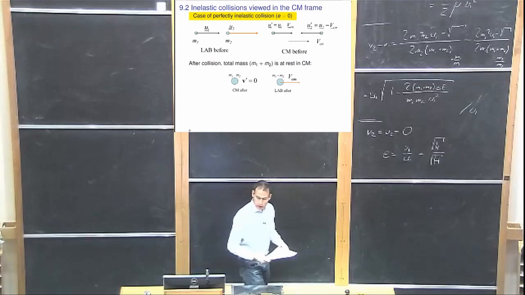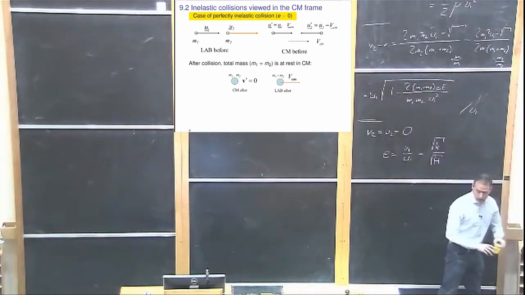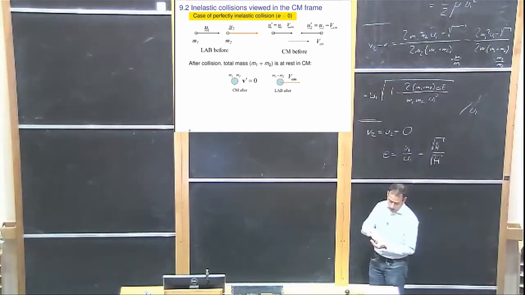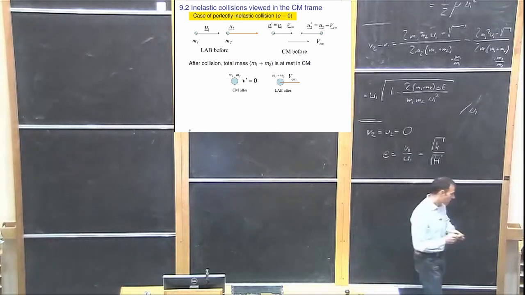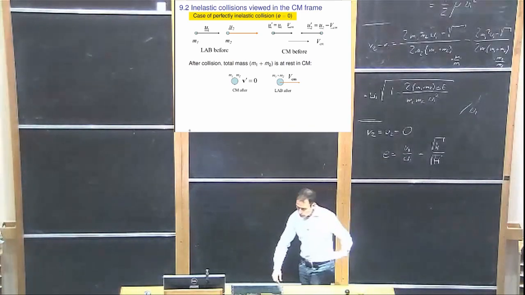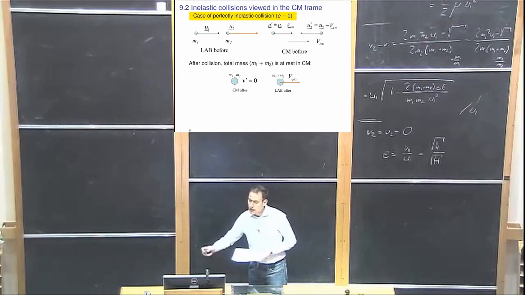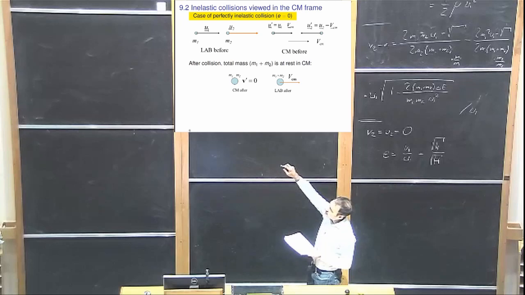Now, we've worked with the lab frame. Let's have a quick look at the center of mass frame and see whether we can get the equivalent equations. Now here we look at the perfectly inelastic collisions. We have two bodies, u1, m1, u2, m2 arriving.